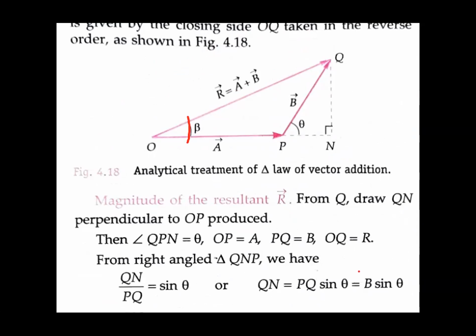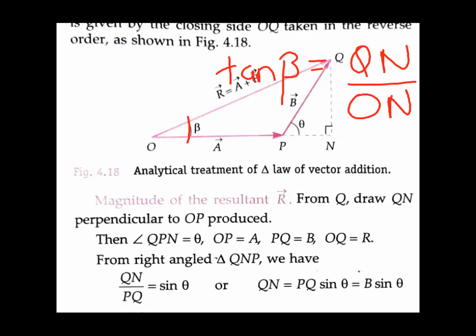So if we take tan beta, we know tan is opposite upon the adjacent side for a right angle triangle, right children? The opposite side to beta is QN and the side adjacent is ON. Yes children, no doubt in this, right?